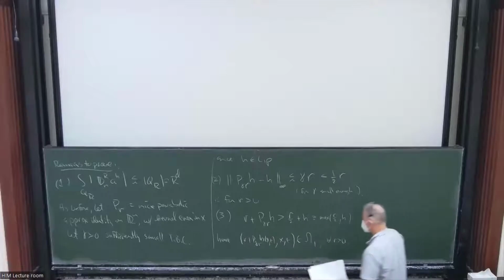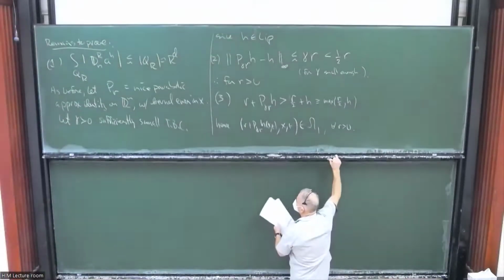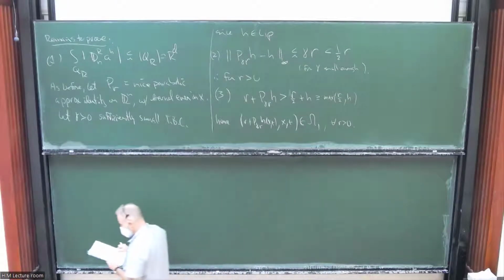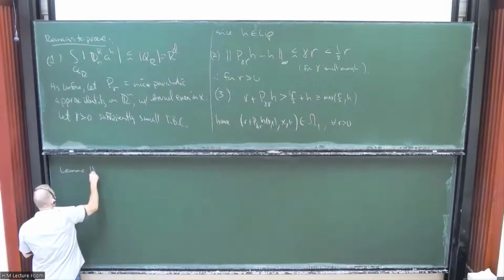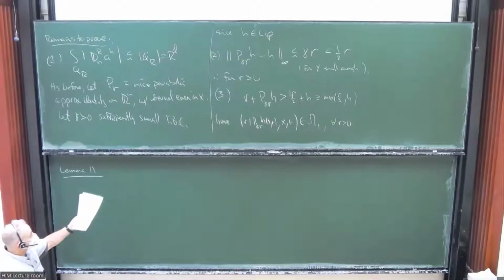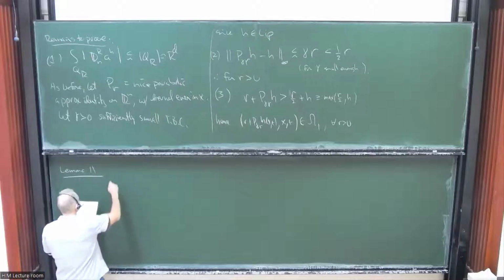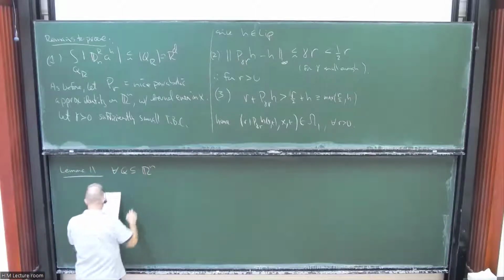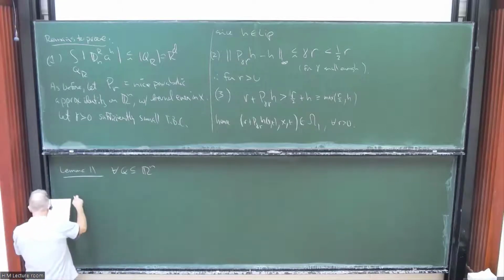All right. So now the next lemma: various square function bounds for H, or really Carleson measure bounds, I should say, that for all Q in Rn, we have the following.